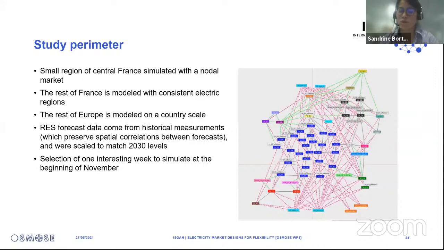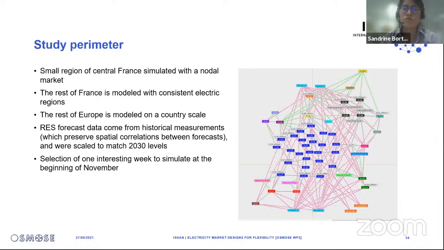In other words, we want to know how uncertainties, which are defined at the substation level, will impact the dispatch. So here I will present you the perimeter of the study and basic findings about the uncertainties.